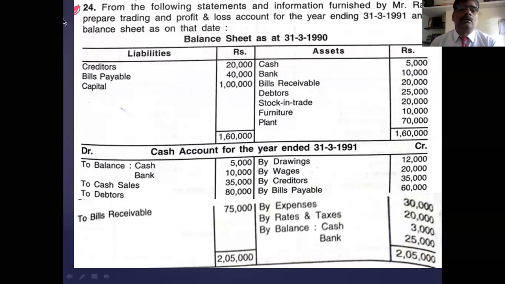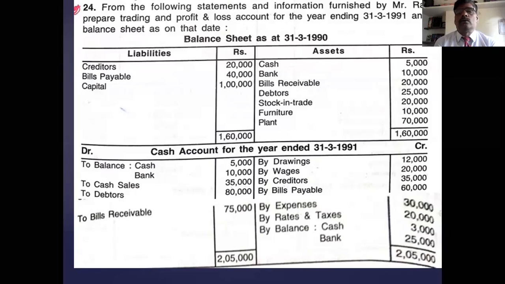The statement of affairs is already given in the problem, 31st March 1991. Opening statement of affairs or opening balance sheet is given in the problem. Liability side creditors are there, capital is there, and everything is given regarding opening statement of affairs.